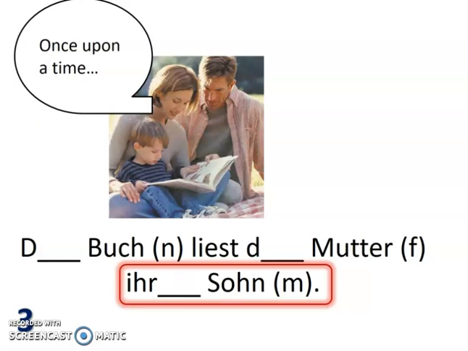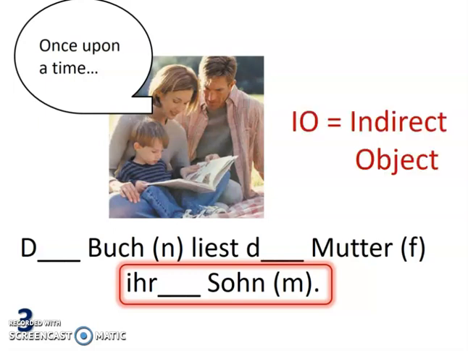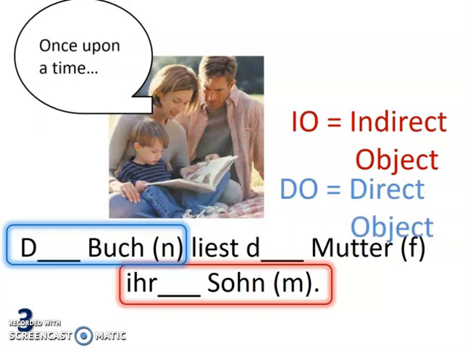So her son is receiving the story or the book, so he is our indirect object, dative, and our book is the direct object. That's what he's receiving. That's what's being verbed, what's being read. So that's our direct object.